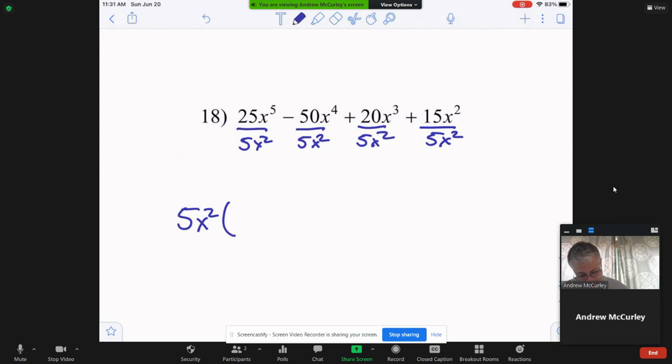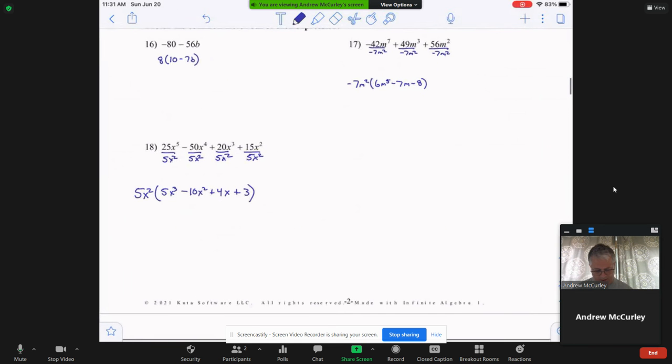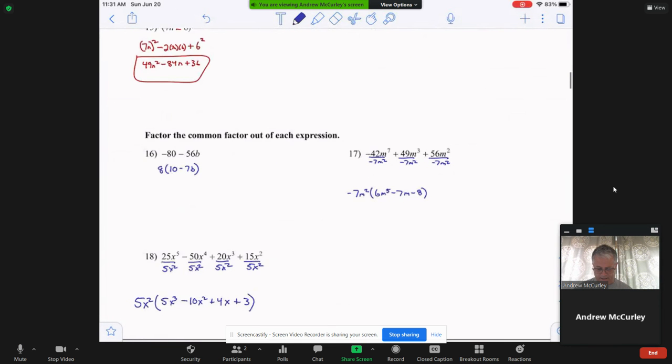That's okay, but it's better if you can get it all in the first shot. Looks like x cubed, minus 10x squared plus 4x plus 3. And I think we're done. All right, so always, first thing you should do, look for that GCF. All right, let's go on to the next ones.